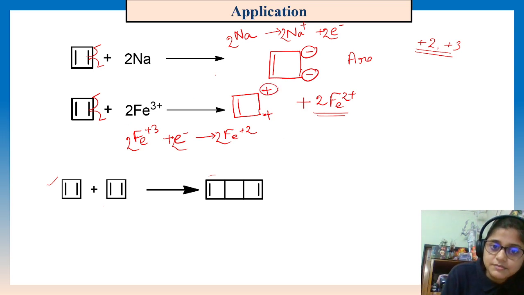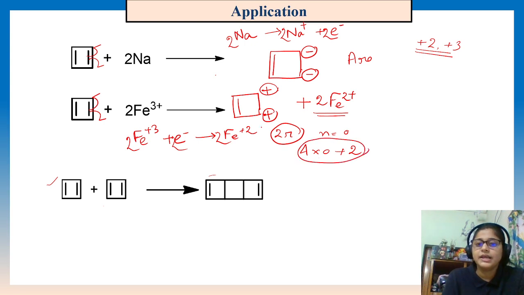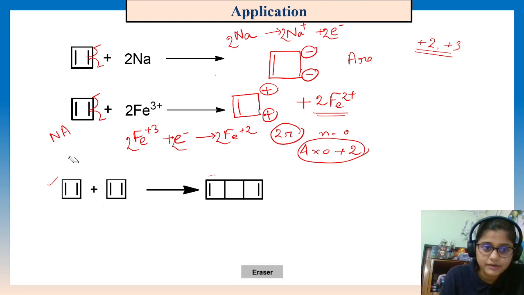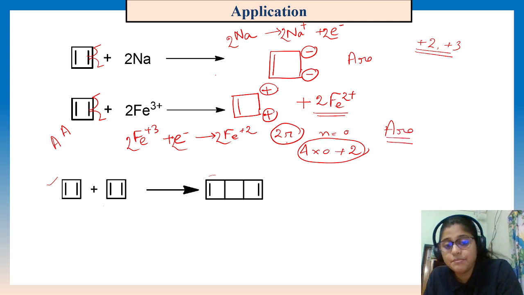So positive charge, 2 pi electrons, n equal to 0, so 4n plus 2, aromatic. Again the same thing. Anti-aromatic compound has become aromatic. That's why it is important.